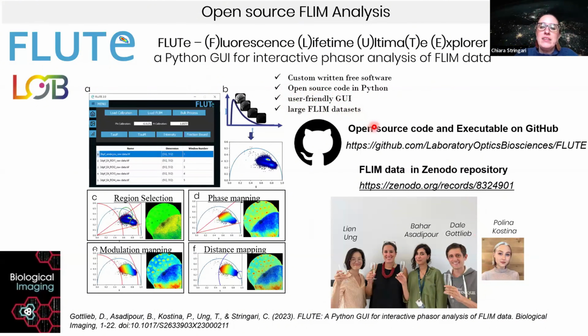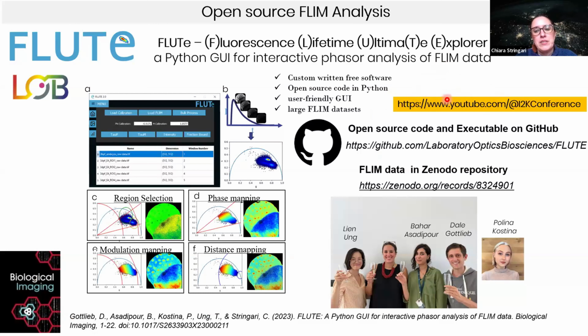The code and the executable are available on a GitHub page and are free and open source. You can analyze and reproduce all the data that are deposited there and represented in the paper. Bahar Asadipour also gave a very nice workshop and tutorial at the I2K conference that you can watch online if you want to learn more.